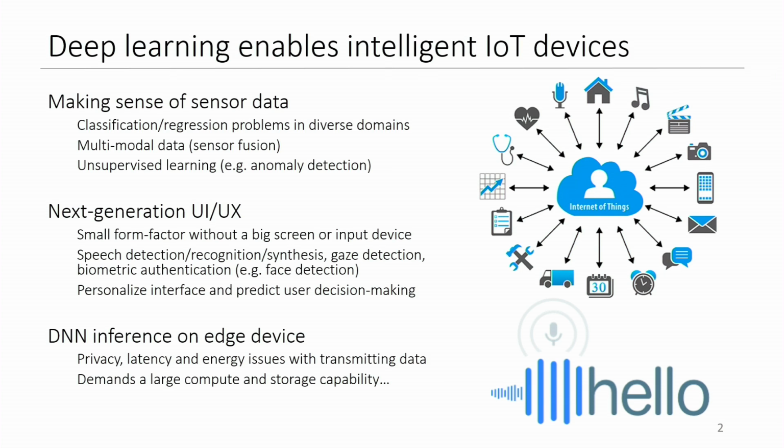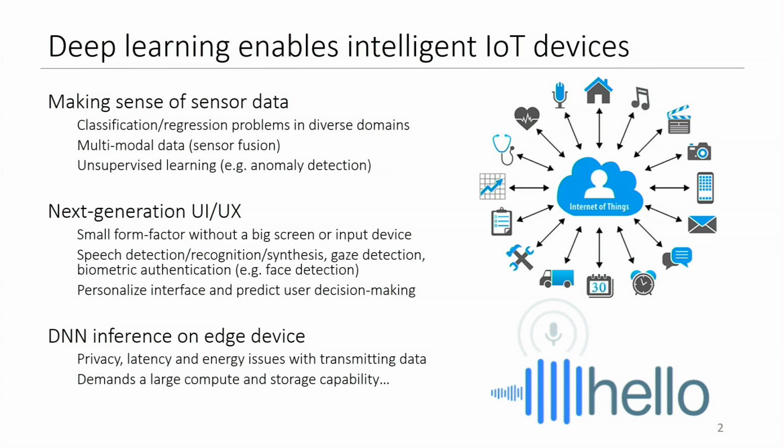So the second thing I wanted to mention was next generation user interfaces. I think this will be a really big driver for deep learning. The problem here is that these IoT devices typically have very small form factors, and often they won't have a big screen or an input device. So we need to start moving to new forms of user interfaces for these.